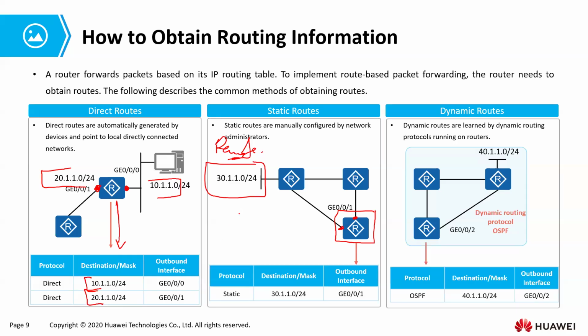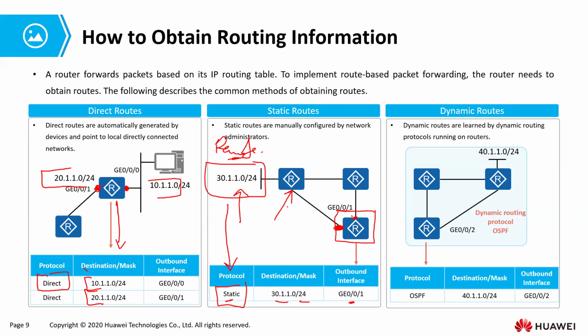So in this example, a static route was configured, and you can see the protocol here is different. Here it is direct, here it is static. We have our destination network, our mask, our exit interface. If I'm on this router and want to reach this network, I use this exit interface. If we were to put the next hop IP, it would be the IP address of this interface there.